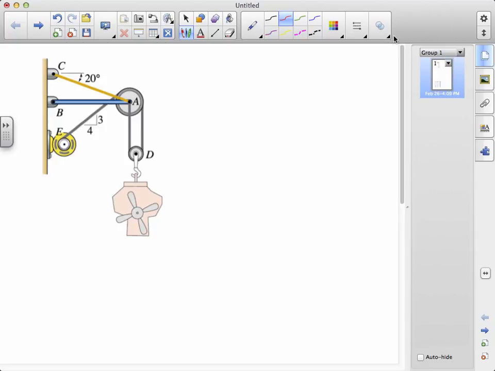Instead, we will draw enveloping surfaces around these pulleys where all of the internal forces between elements of the pulley assembly are interior to the enveloping surface and don't appear in the free body diagram.